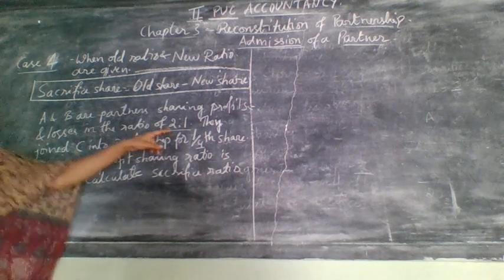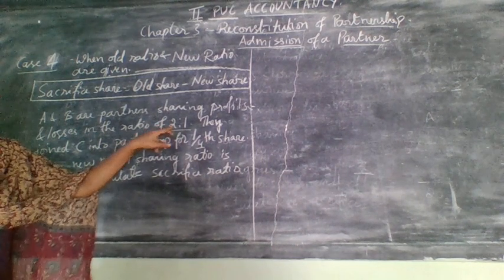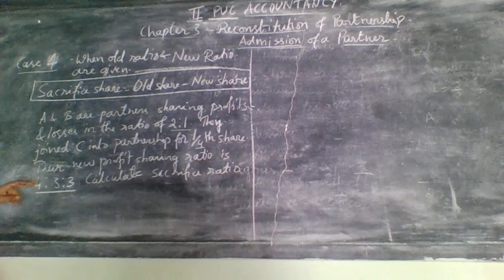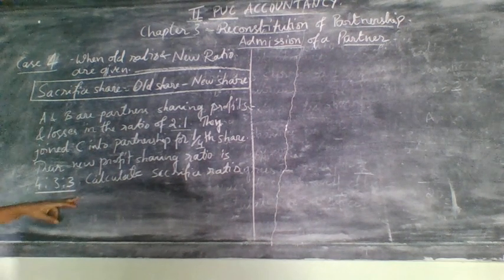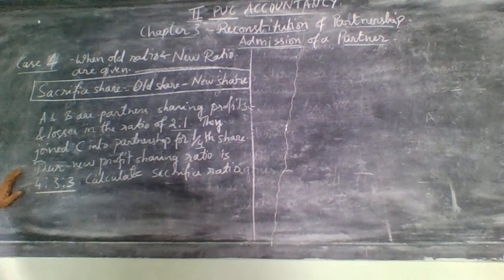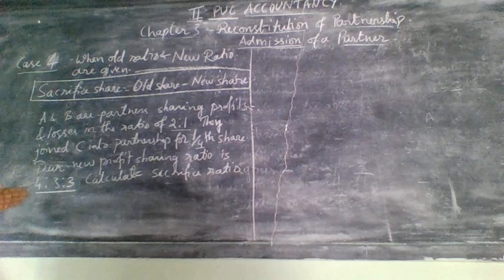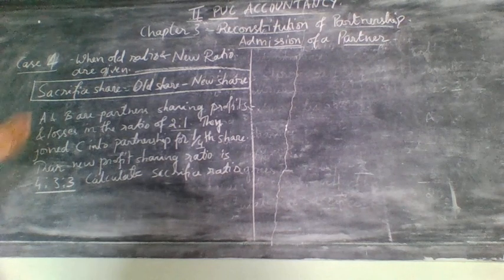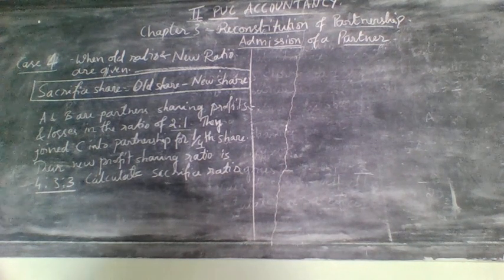See, here only 2 are there, that's why it is only A and B. When one more person comes, it will become A, B and C. This is their agreed ratio. No need to worry about the ratios and all. Whatever they give you in the problem, you just need to write the formula, apply the values, and find out the ratio.